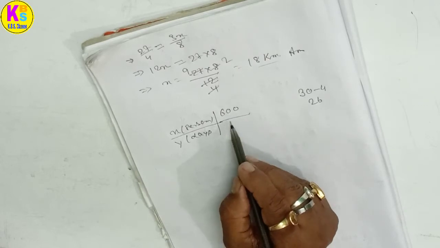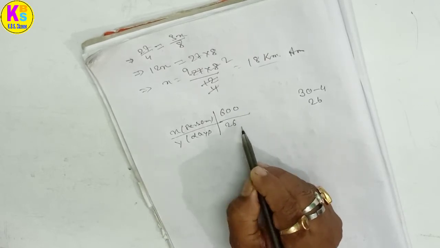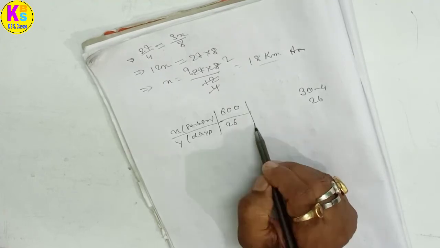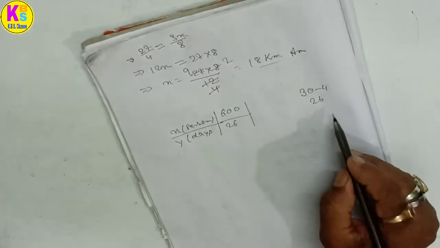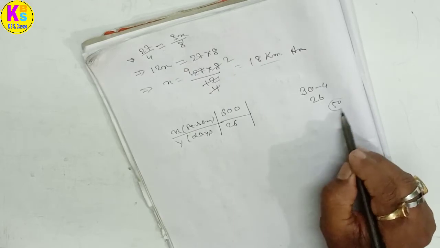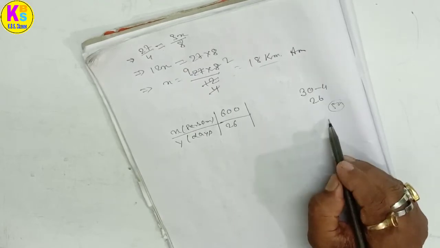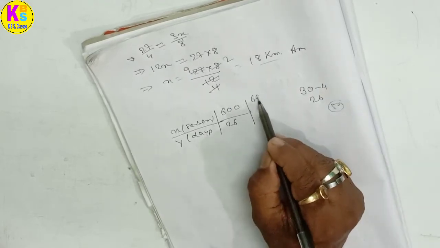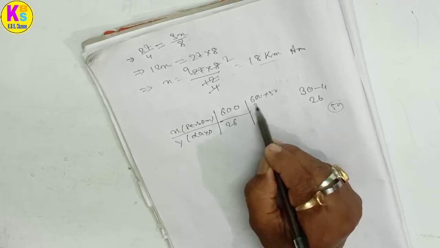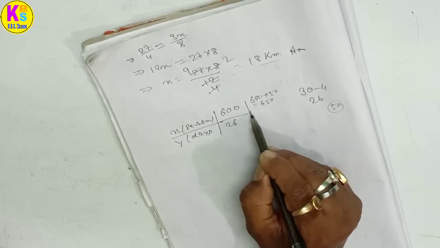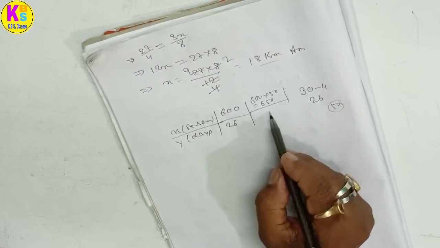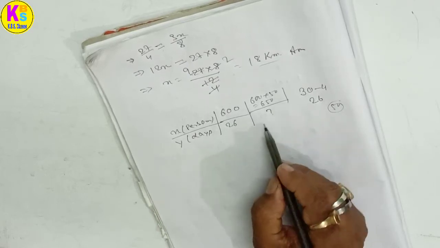So the remaining food for 600 persons will last for 26 days. Here 50 more people have come, that means 600 plus 50 is equal to 650 persons are now there. So how long will this remaining food last?